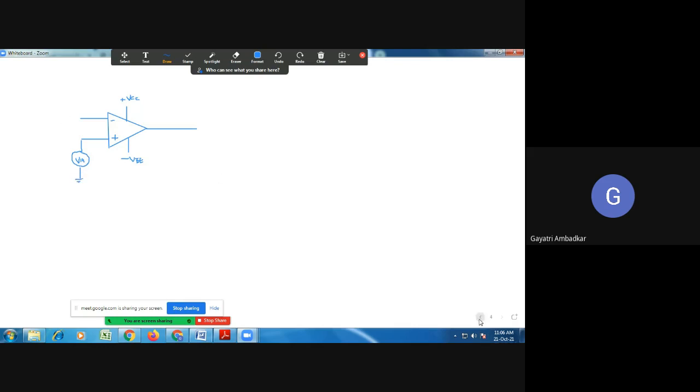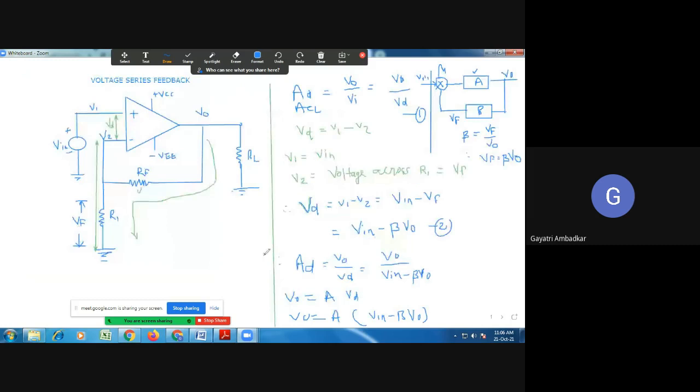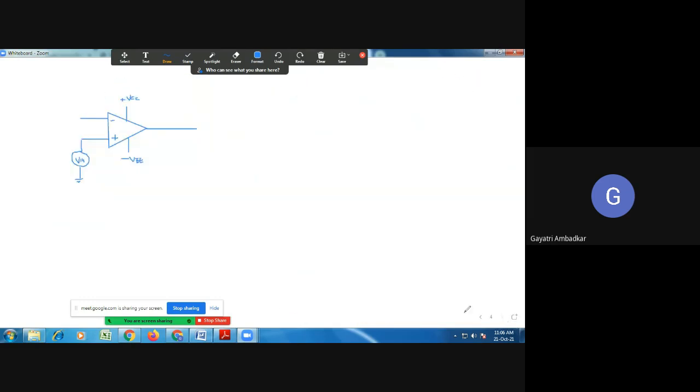And what I have done with the negative terminal. So between this negative terminal, that is inverting terminal, and output, I have connected feedback resistance. So let's connect. I will connect here a feedback resistor.